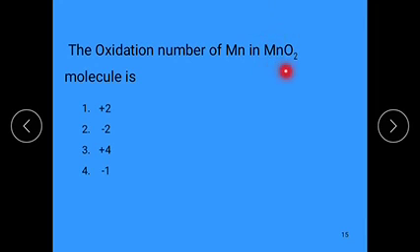This can be calculated: the algebraic sum of the oxidation numbers of the elements in a molecule is equal to 0, because it is a molecule. Manganese is x plus 2 into -2, so the answer is +4.